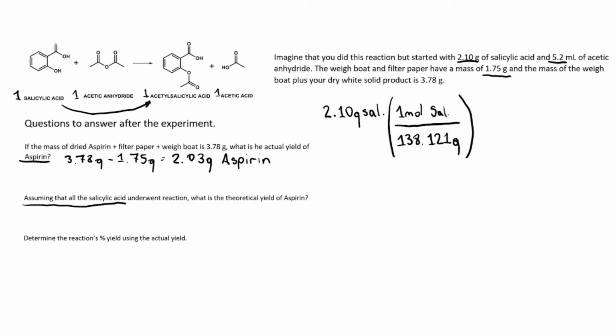Okay, so now we're in moles of salicylic acid. We need to get from moles of salicylic acid to moles of acetylsalicylic acid. So for every 1 mole of salicylic acid, we get 1 mole of acetylsalicylic acid, or just aspirin.